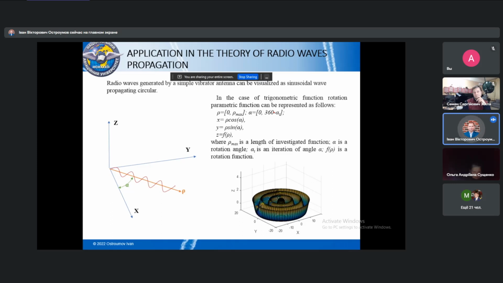However, if you talk about radio wave propagation, we can consider a dipole vibrator, which generates radio waves, and radio waves are distributed omnidirectionally in the following form. That's why we can use different models of counting wavelengths of this radio wave from the antenna system center.